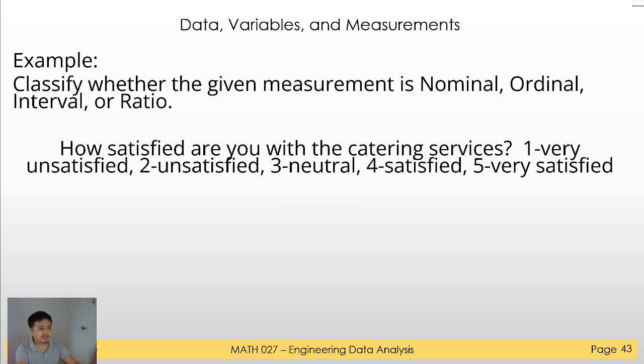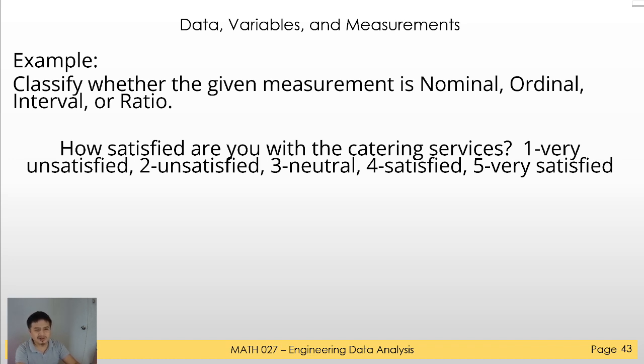So how satisfied are you with the catering services? One, very unsatisfied, unsatisfied, neutral, satisfied, very satisfied. So this has in some sense a numerical value, but in reality, it is not actually a numerical value.